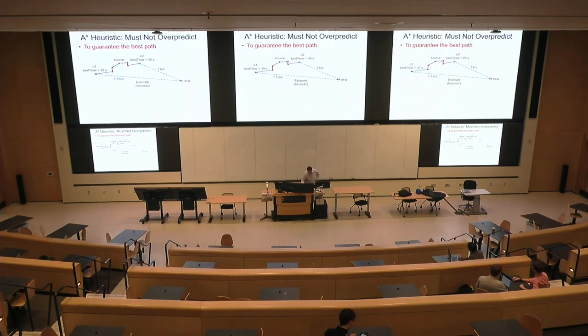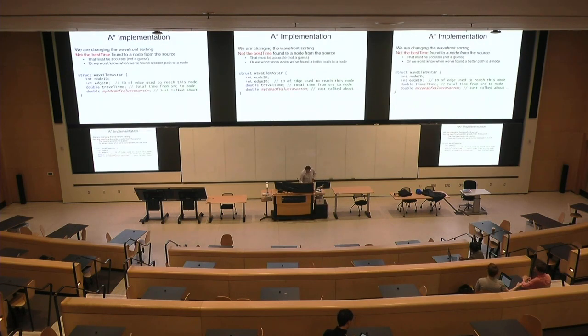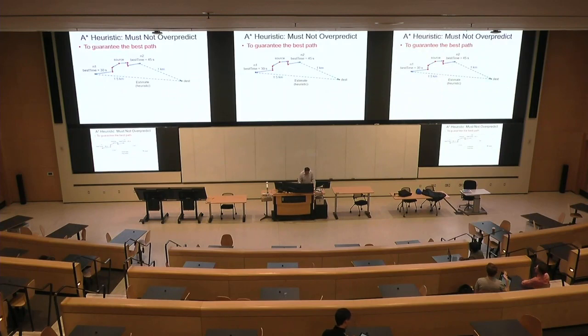So that's exactly right. What we want to do is change to, in Toronto, 100 kilometers an hour. Let's see what happens here. I'm going to walk through this one. Let's look at my wavefront. It initially has these two nodes on it.